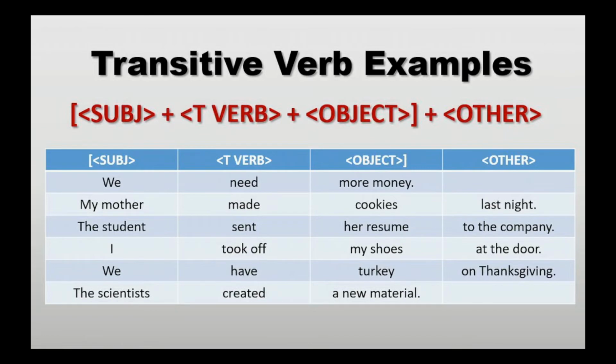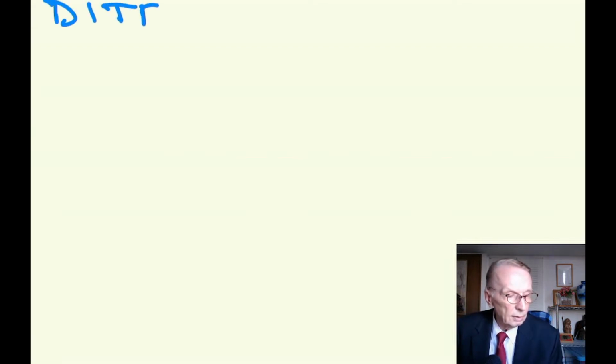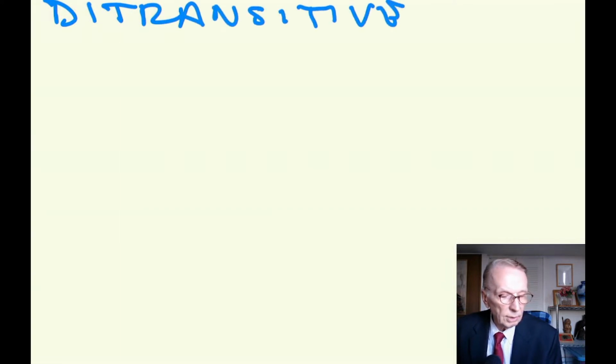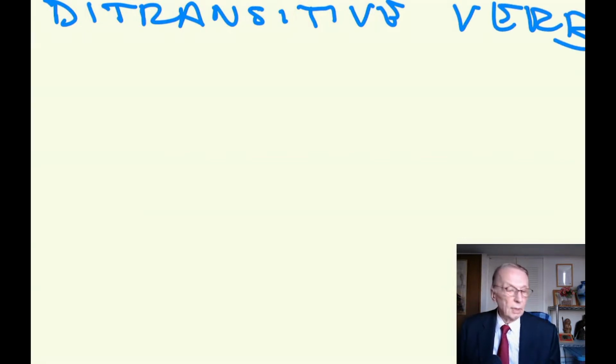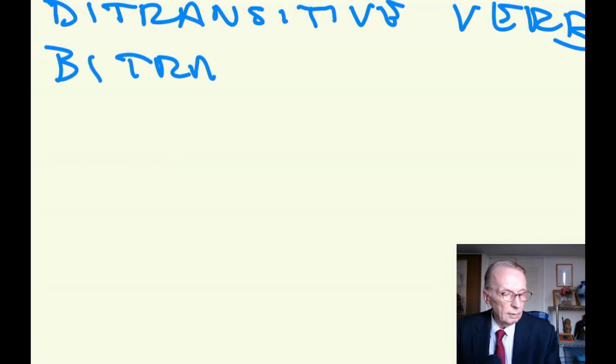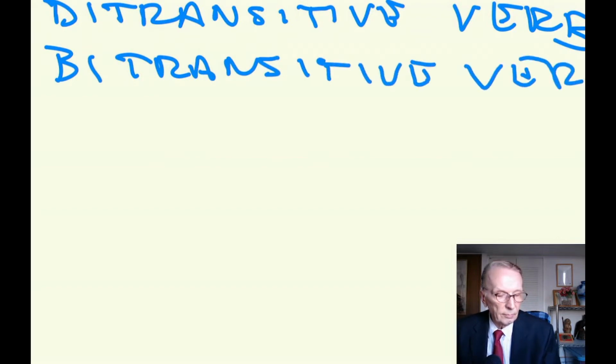All right. Now let's come back to our whiteboard here. And in the next step, I would like to tell you about another type of transitive verb, and this is called a ditransitive verb. Okay? Another way to say this is a bitransitive verb.